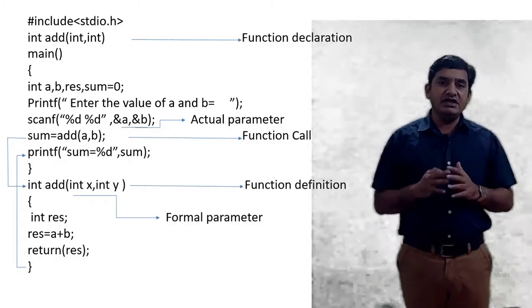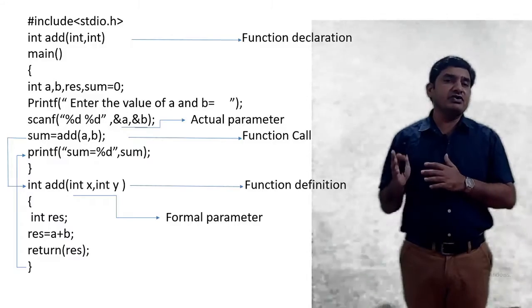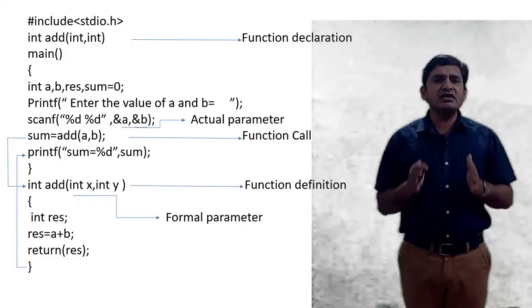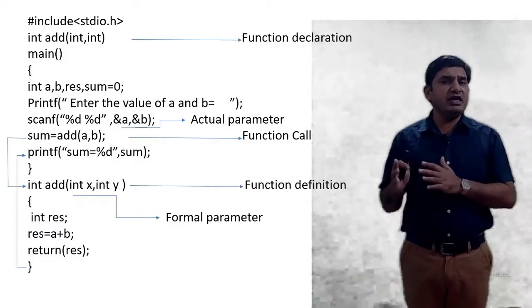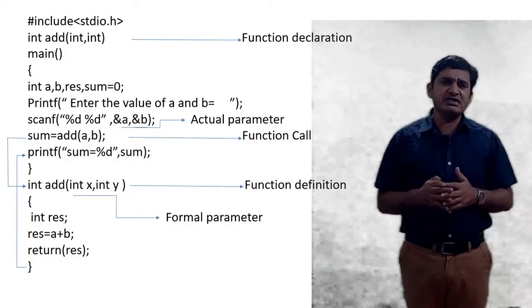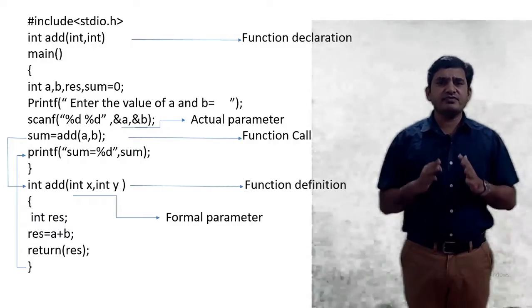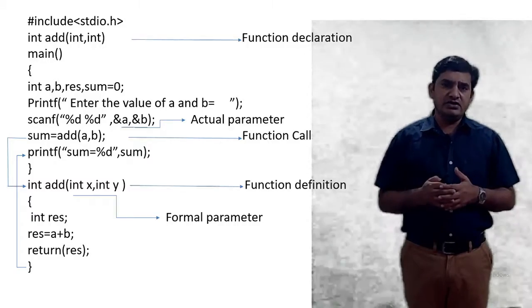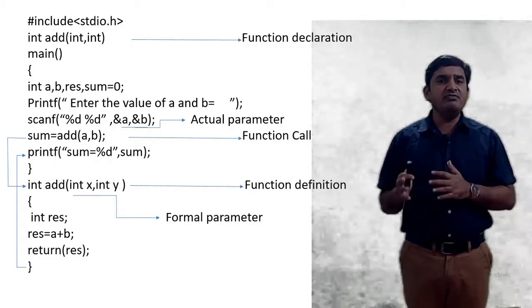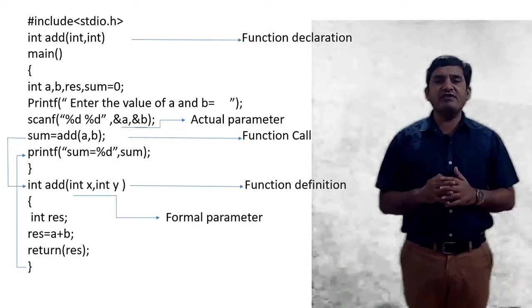Then int a, b, result, sum equal to 0. All these are integers. Now printf, "enter the value of a and b". This message is displayed on the screen by using the output function, that is the printf function. Now we have to enter the values of a and b. For that we use the input function, that is the scanf function.